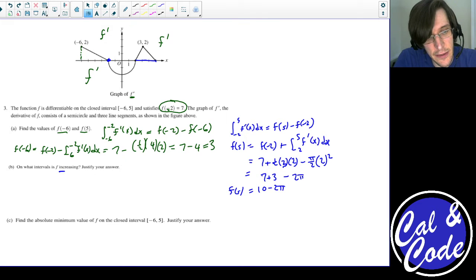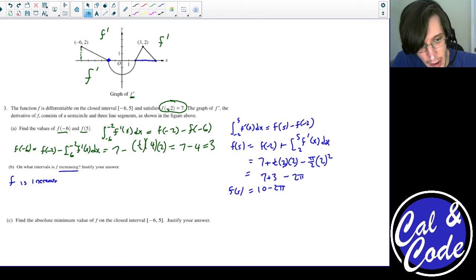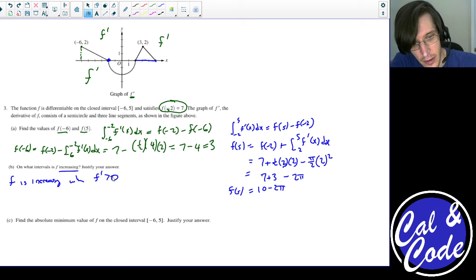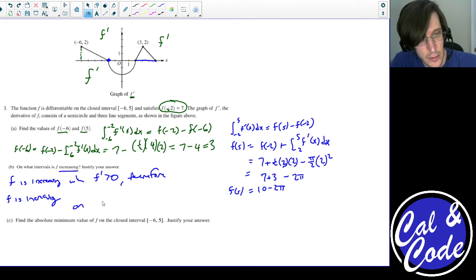Then they want to know, when is the function f increasing? And I need to justify my answer. F is increasing when f prime is positive. Therefore, f is increasing on, let's see, when is it positive?